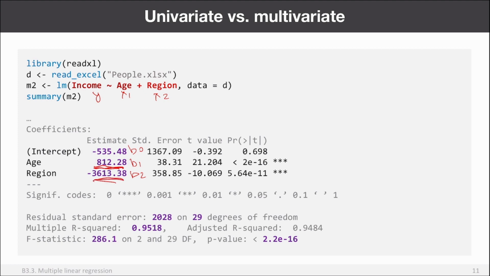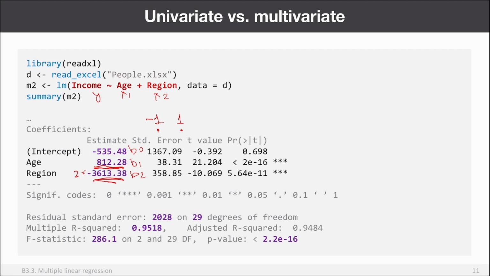The second slope tells what happens to income if you change region by 1. But you remember, region goes from -1 to +1, right? So it means that if you want to see the difference between two regions, you need to multiply this by 2, right? Because a regression coefficient always tells you, it's a slope, right? What happens to y if you change x by 1.